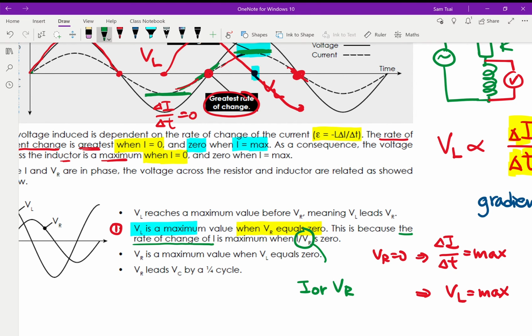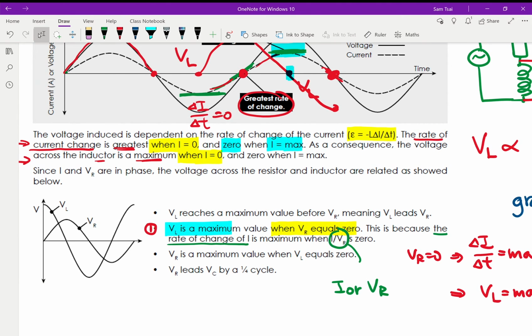If you read this one, then you know. When VR is 0 here, our VL is maximum, and in terms of gradient, the gradient is maximum and decreasing to 0.